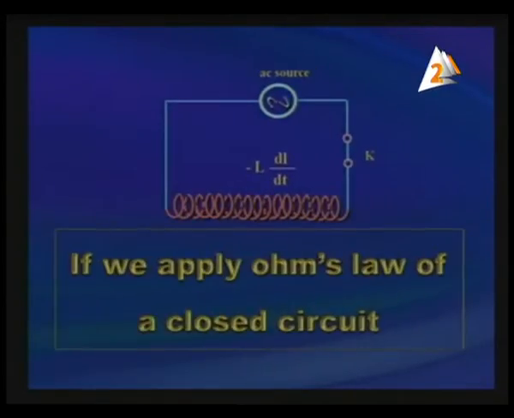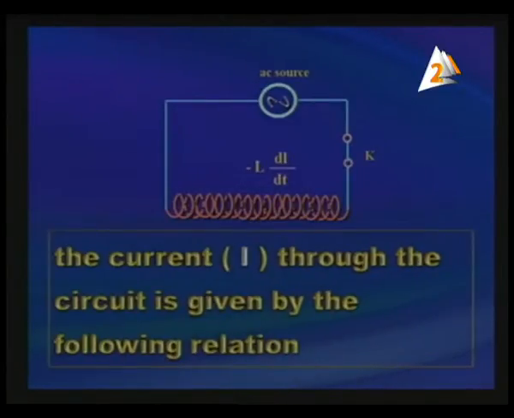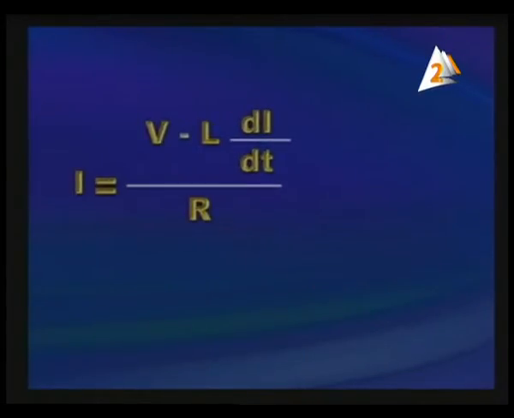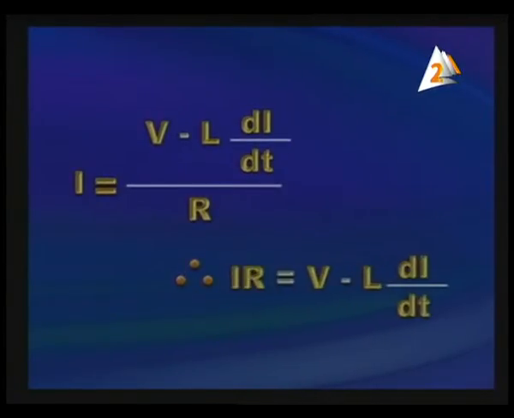Okay, if we apply Ohm's law to a closed circuit, the current through the circuit is given from, yes, the following relation. I is equal to V minus L di over dt over R. So we can say the product of IR is equal to V minus L d by dt to the current.